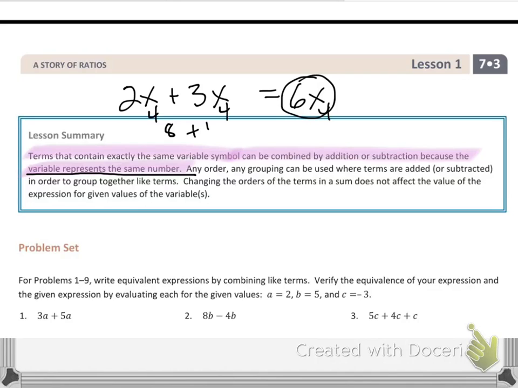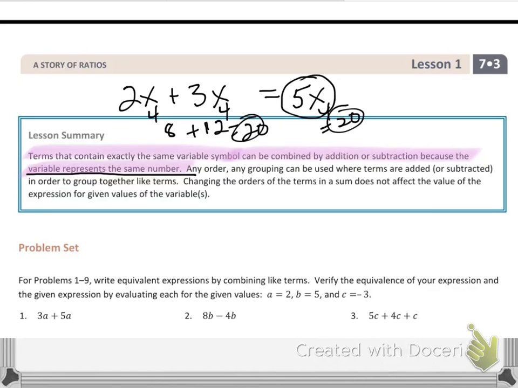I'm sorry. Oh my gosh, guys, I'm stuck on my multiplication. That's 5x. So 2x plus 3x equals 5x. I'm glad I caught that. I plug in 4 for all these x's, and I get 8 plus 12, which equals 20, and then 5 times 4 equals 20 as well. So they work out the same.